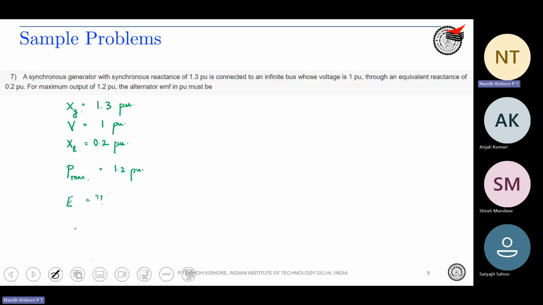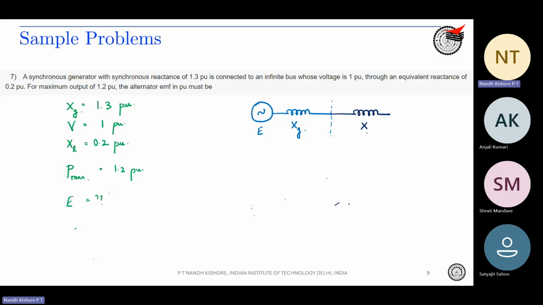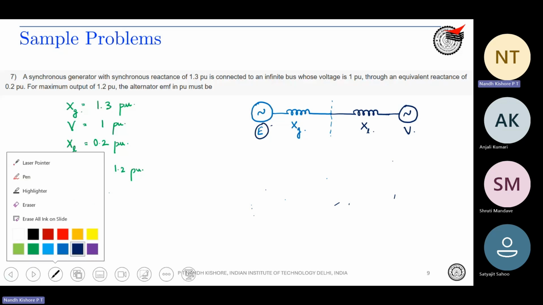What is your E in per unit is the question. If I try to represent it, you have an alternator, let's call it E, and it has a synchronous reactance, which we call Xg, and it is connected to an infinite bus through an equivalent reactance of 0.2 per unit. So till this point it's your alternator, and after that you are having your line, which is XL, and after that your infinite bus which is V. What is E is the question.